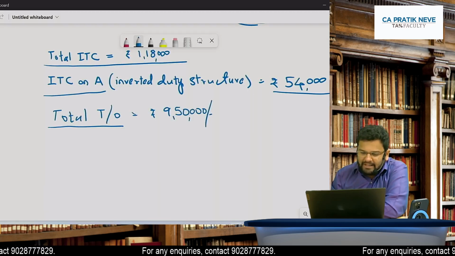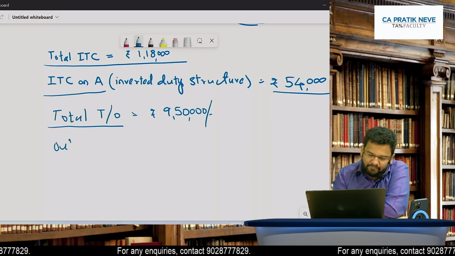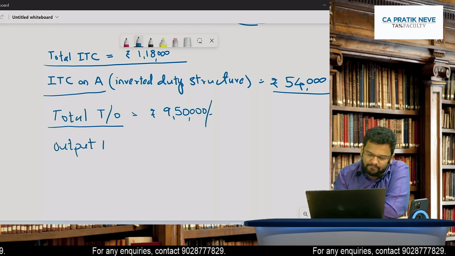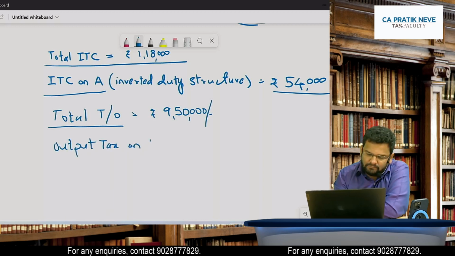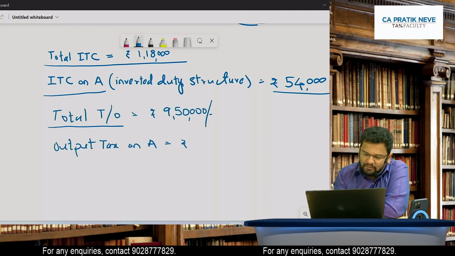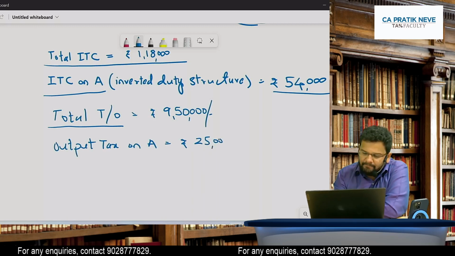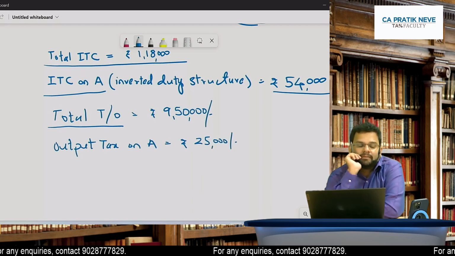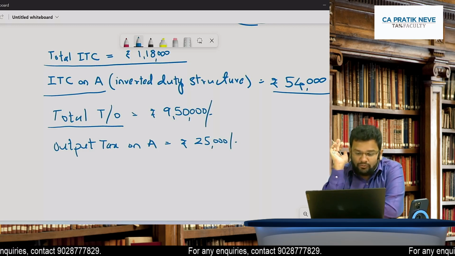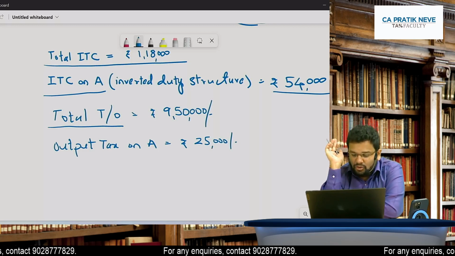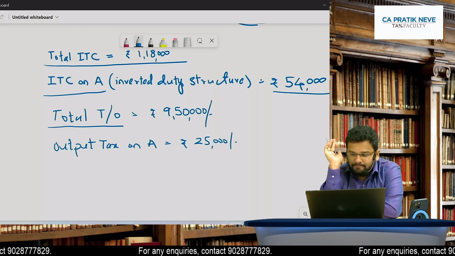So output tax on A will be 25,000. Agreed? Now friends, see what exactly you have to do.